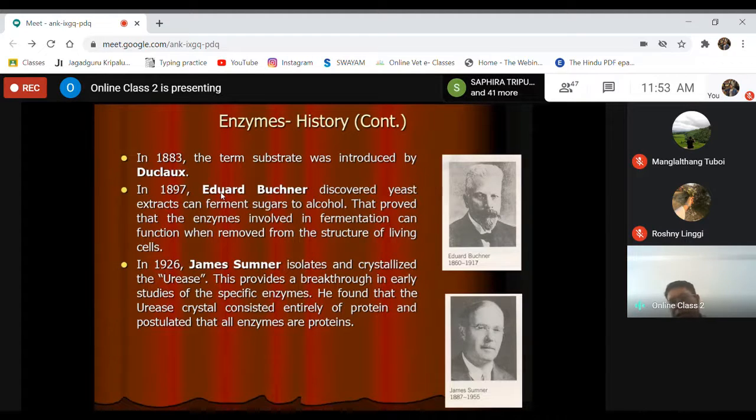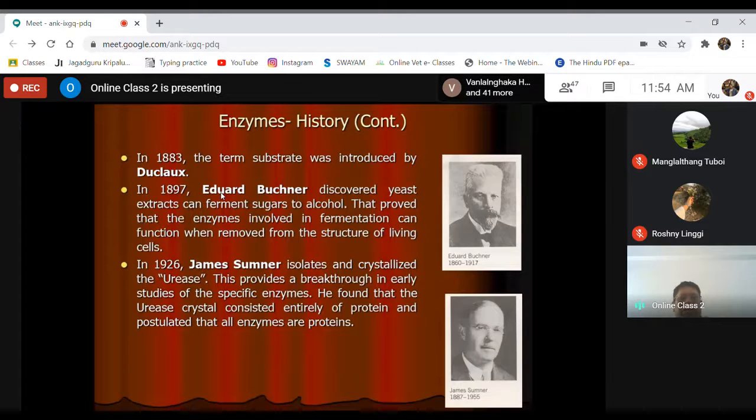Louis Pasteur said it has to occur in the cell, but Buchner found that it is not the cell but the content of the cell that is required for fermentation. That proved that the enzymes involved in fermentation can function when removed from the structure of the living cells, so fermentation doesn't have to be a process that occurs in the living system.